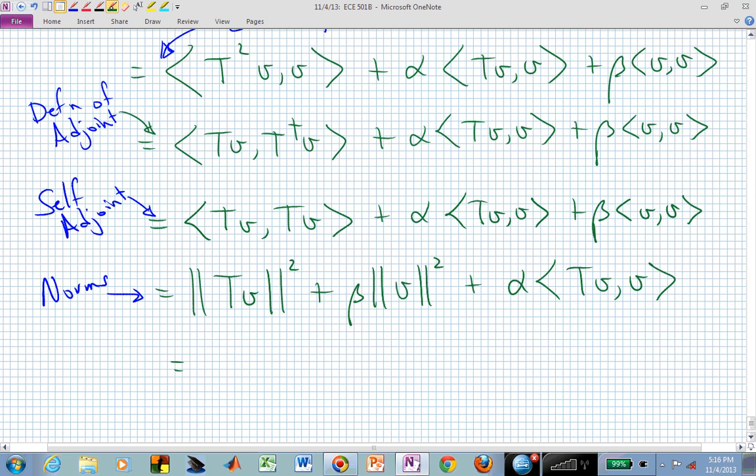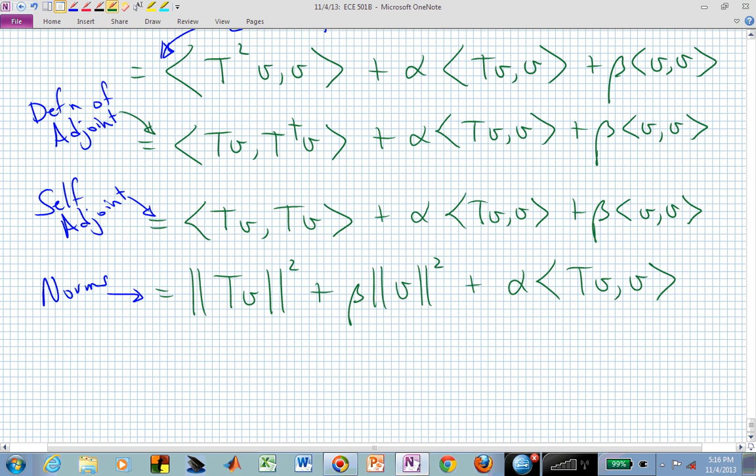Now I want to use a result that you may have to use on the exam. And then we'll probably have to stop at that point. But now what I want to say is I want to actually find a lower bound on this expression. And if I use the Cauchy-Schwarz to lower bound this, we know the absolute value of the inner product is less than or equal to the norm of the two vectors in that inner product.